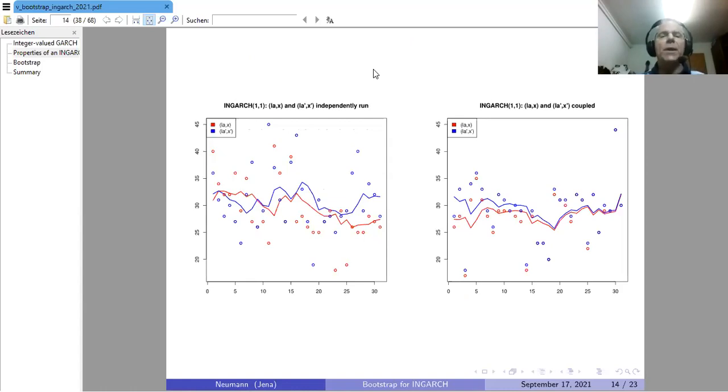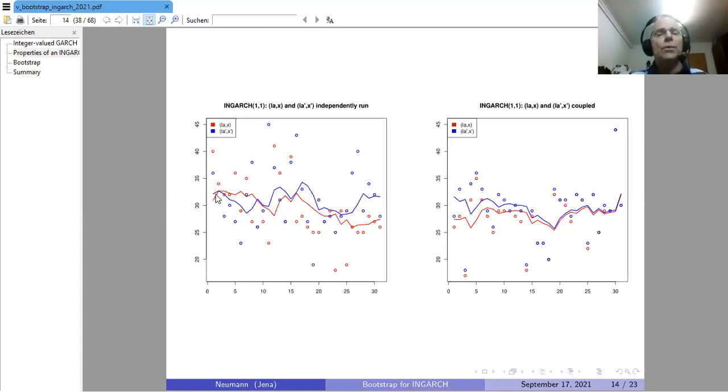So the left picture shows what happens if these two versions are really independent. Then you see here these solid lines are the corresponding intensity processes, the red line for the first version and the blue line for the second version of the intensity process. And the points here, the small circles, show the corresponding count variables.